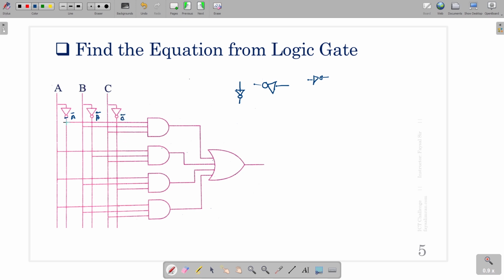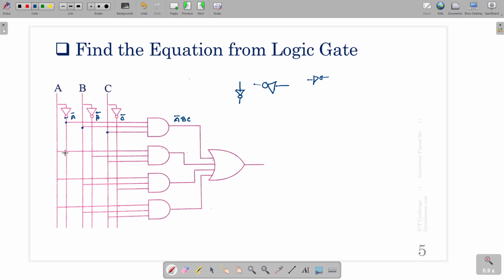Now here input is A bar, this is the AND logic gate, and an AND logic gate must multiply all of the values. So A bar, B and C, that means the output is A bar B C, because we have to multiply those.